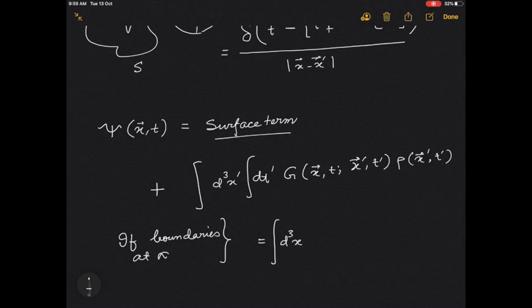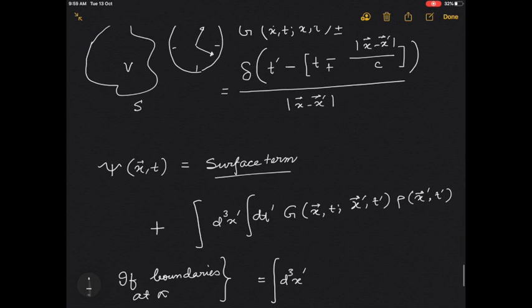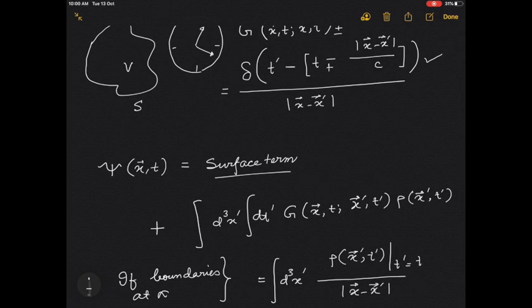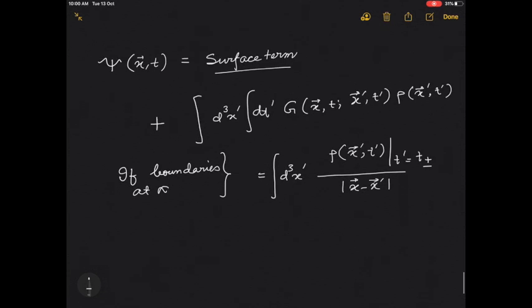So then this is equal to, I can do the t integral because I have a delta function over there. So what happens when I do the t integral? This remains as it is, but rho now has to be evaluated at some t plus minus, where t plus is given by t minus.